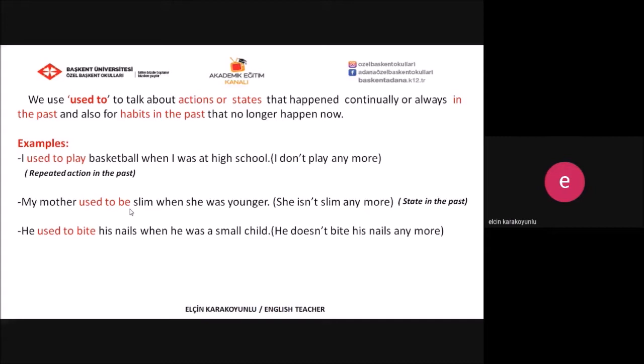When you look at the sentence, it seems to be a kind of habit in the past, biting his nails. So, if we say, he used to bite his nails when he was a small child, it means that he doesn't bite his nails anymore. So, the third usage of used to is, we use it to talk about our past habits.